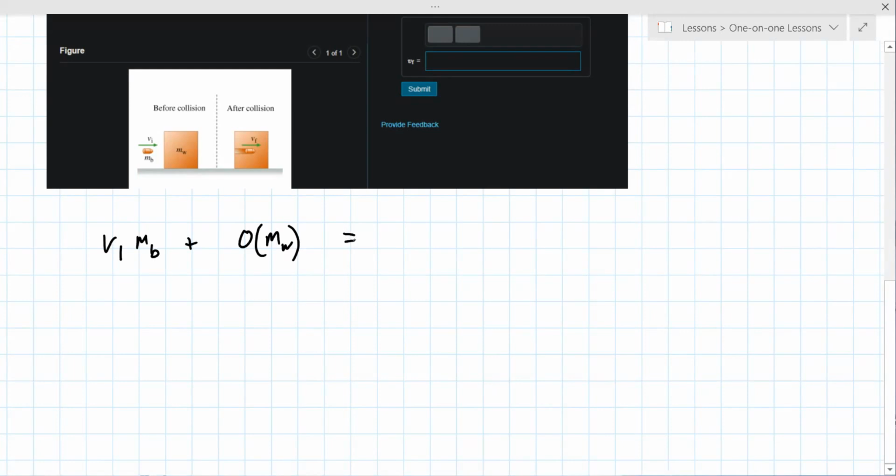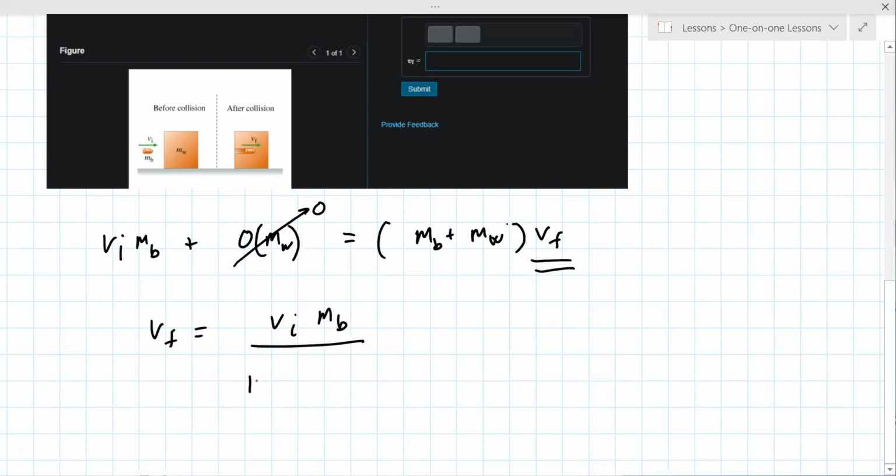Then they're together, so it's the mass of the bullet plus the mass of the wood times the velocity final. So what is the speed of the block-bullet system after the collision? We're solving for V final. This goes to 0, so your V final is V_i M_B over M_B plus M_W.